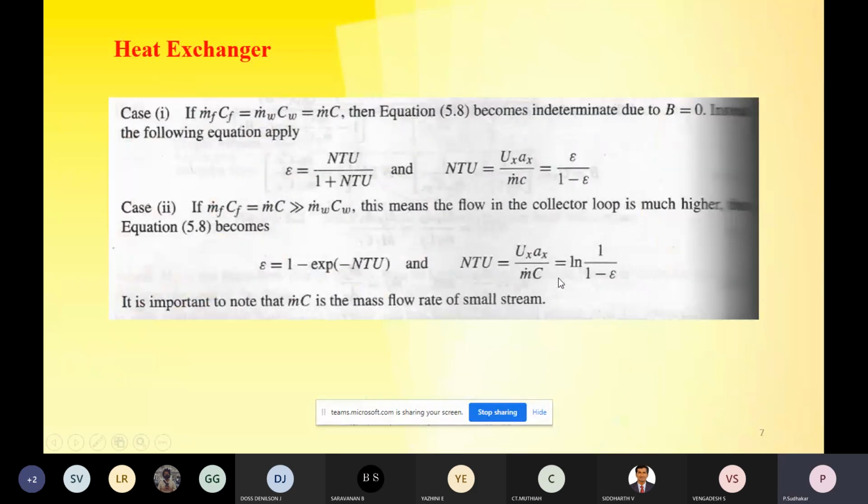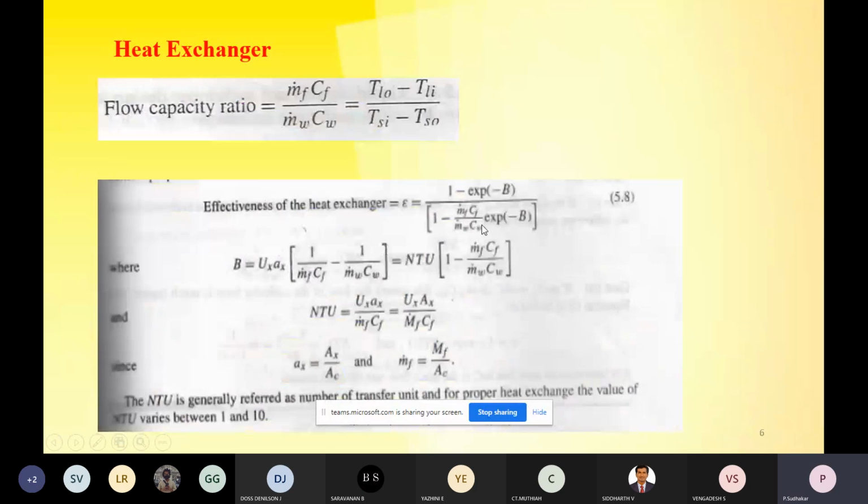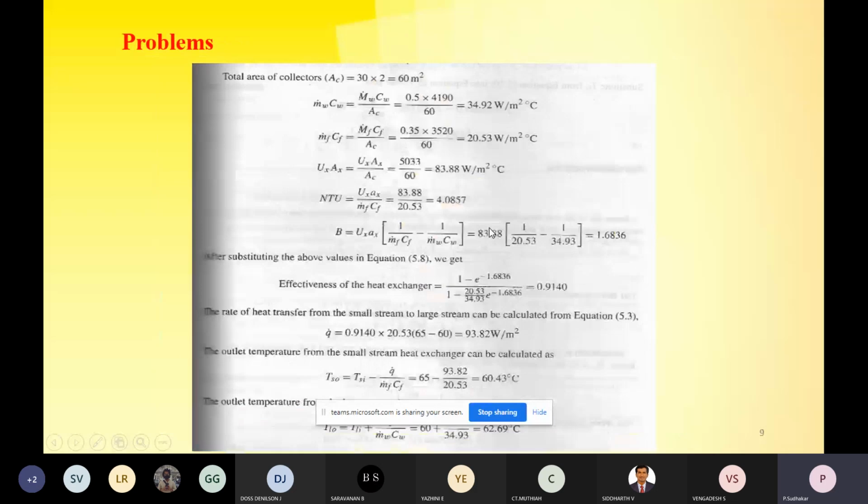Epsilon equals 1 minus exponential of minus B, divided by 1 minus m dot F CF by m dot W CW into exponential of minus B. While substituting the NTU value, the UX small ax value, and the m dot F CF and m dot W CW values, we find the effectiveness of the heat exchanger, that is 0.9140.